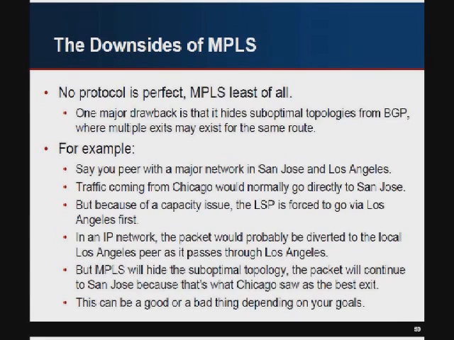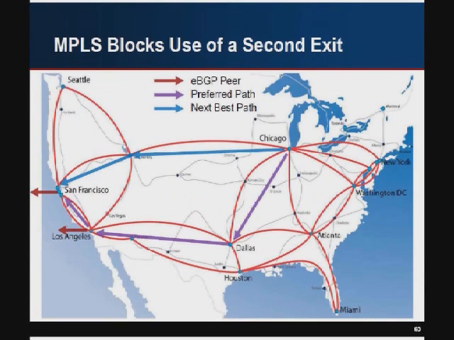In an IP network, even though the packet in Chicago might think that it's still being forwarded to San Jose, when the packet actually gets to LA, the LA router might say, hey, I can forward this locally, and it might do it. With MPLS, you're hiding that because MPLS predetermines the forwarding path from the initial point. So that can actually be a good thing or a bad thing depending on your goals, but it kind of looks like this.